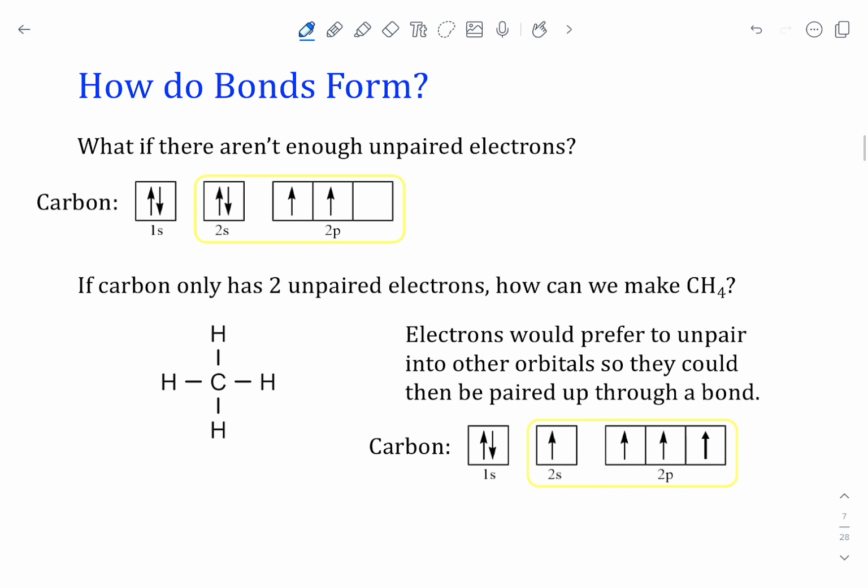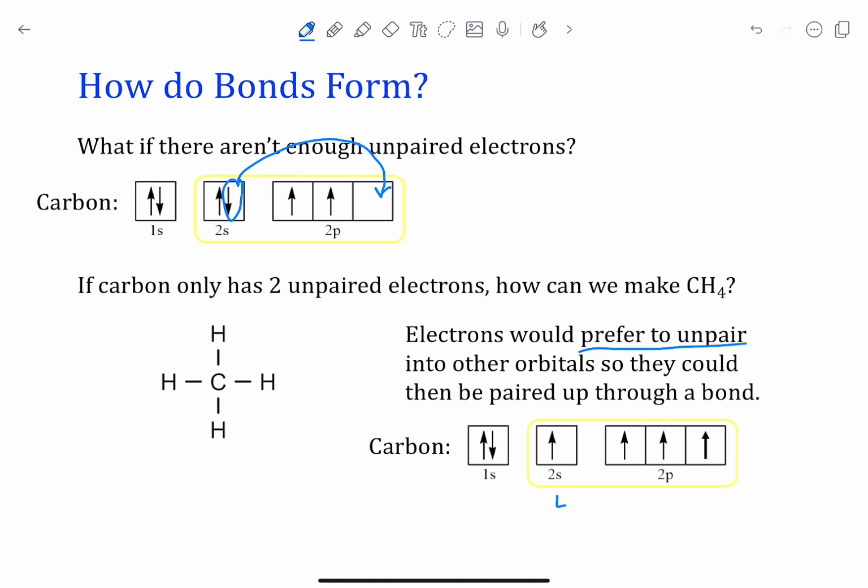So the electrons in carbon's valence shell would prefer to unpair into other orbitals so that they could be paired up through a bond, because the electrons would rather be paired up via a bond rather than being paired up with an electron in its orbitals or being unpaired overall. So one of these s electrons is going to move up into that p orbital, and then we're left with 4 unpaired electrons.